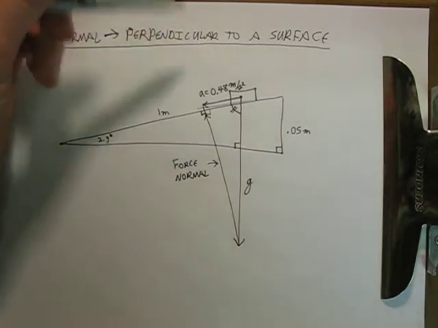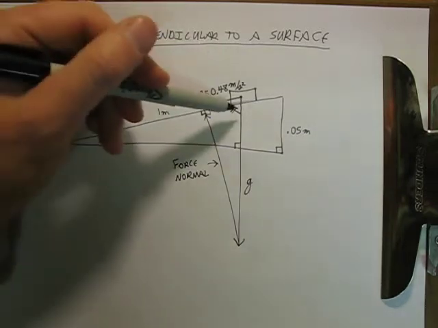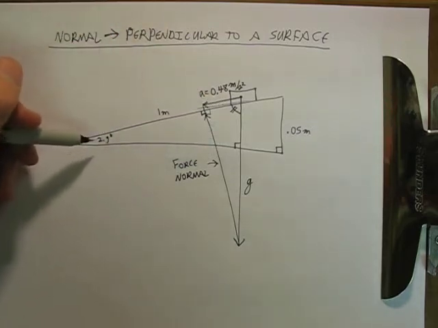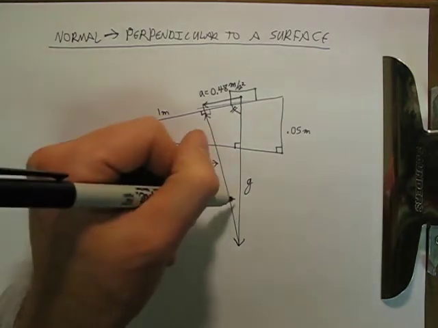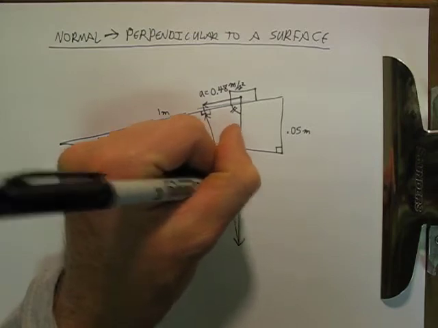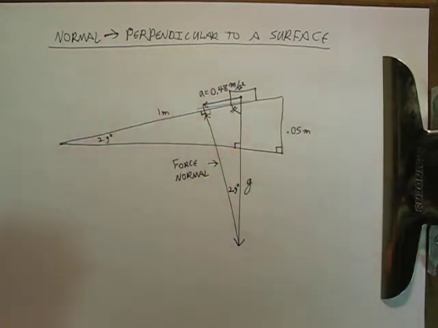And so we have two angles that are the same, and so that means that the third angle needs to be the same. So that means that this angle has to be the same as that angle. So I'm going to write 2.9 degrees. Okay.